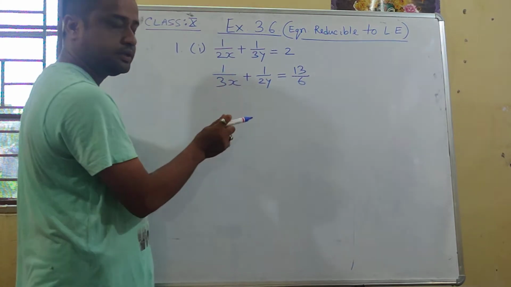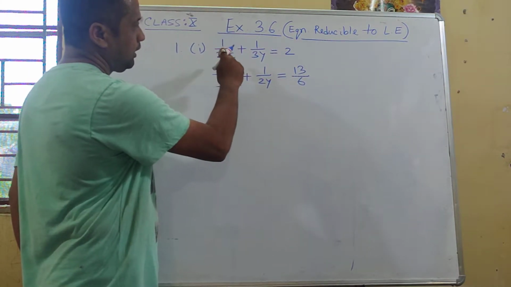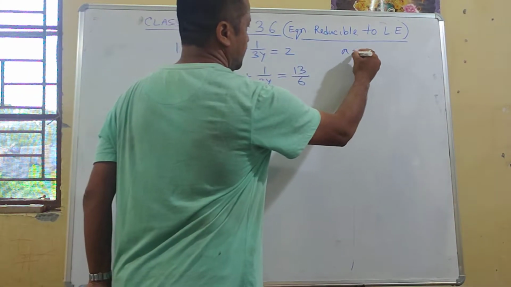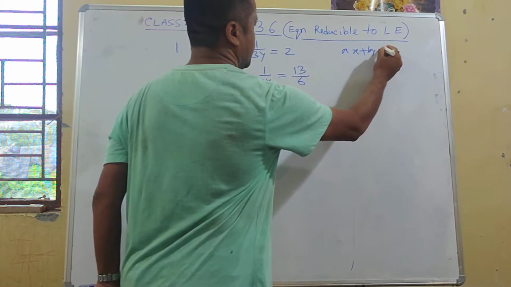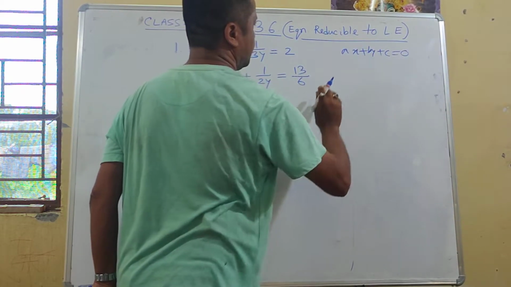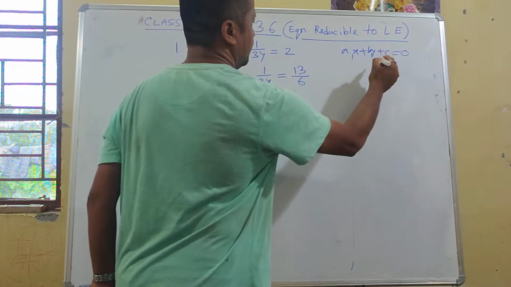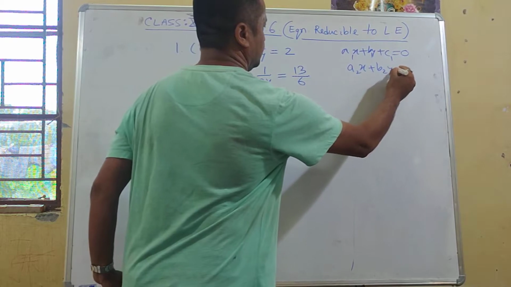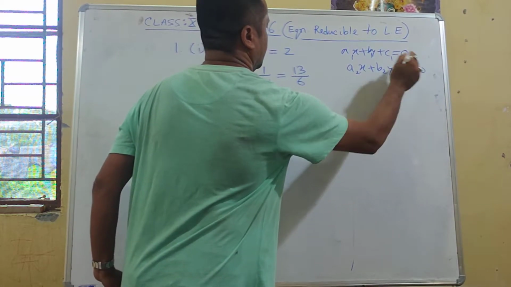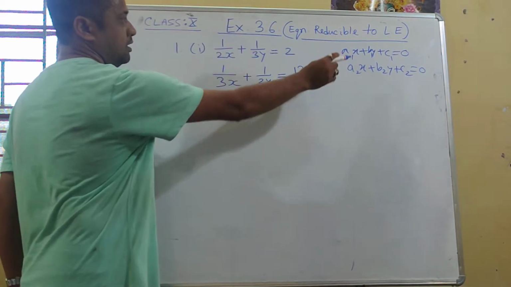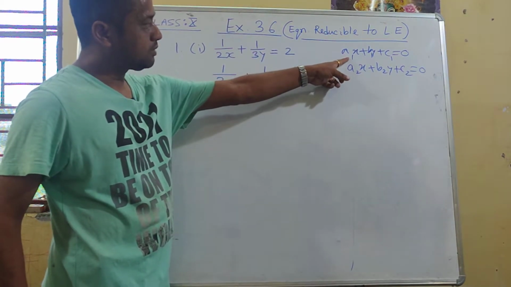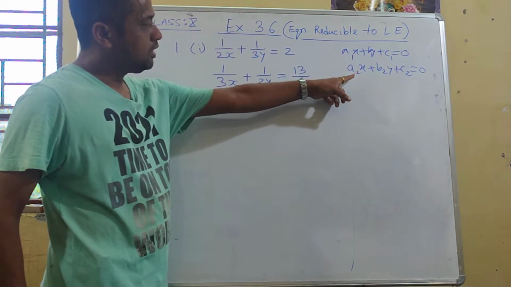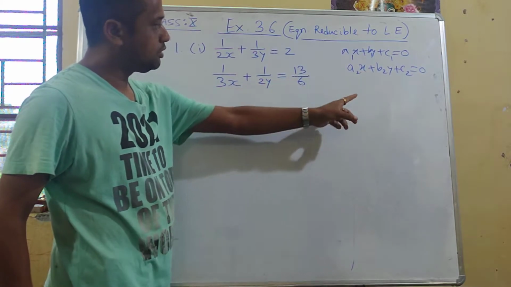If you observe this, it is not in the standard form ax plus by plus c is equal to 0, which is the standard form of linear equation in two variables. The standard form of a pair of linear equations in two variables is a1x plus b1y plus c1 is equal to 0, and a2x plus b2y plus c2 is equal to 0.